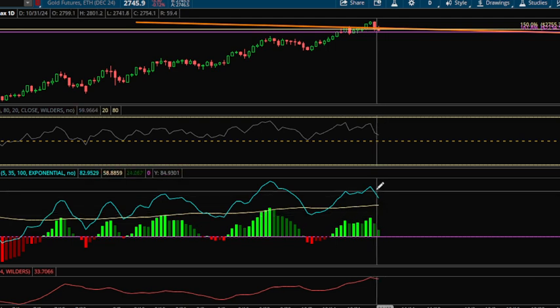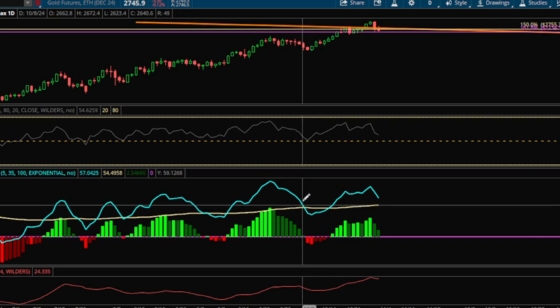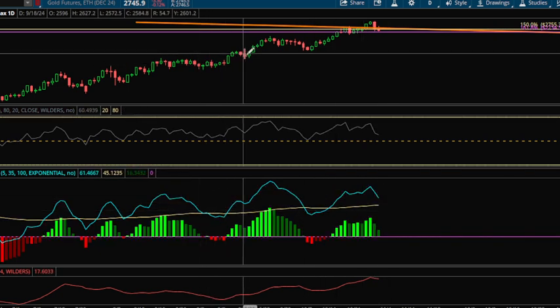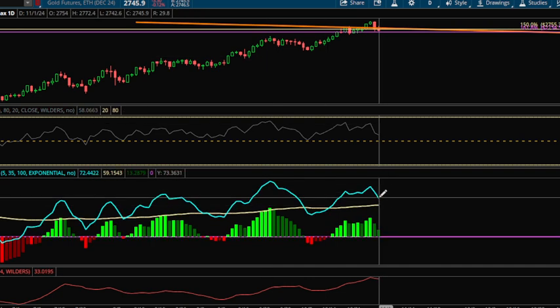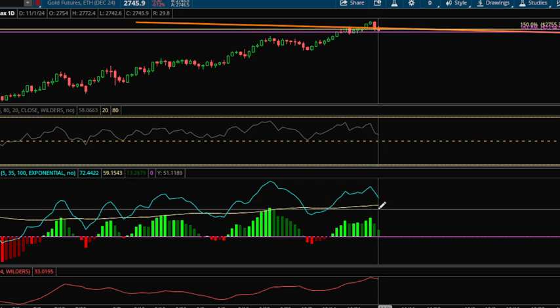Okay, also our moving average is looking like it wants to cross. Every time these two lines cross, there's some kind of change in direction in the chart. So it does look like we want to come down a little further for gold, judging by the indicators.